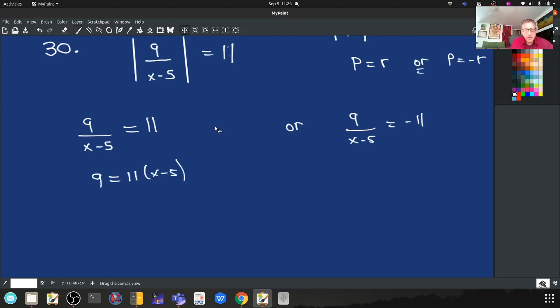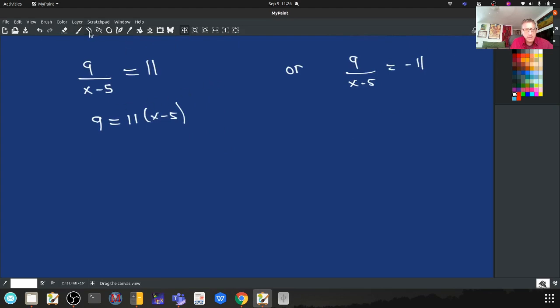Let's go ahead and solve this side over here. This tells me 9 is equal to 11x minus 55. So 9 plus 55 is equal to 11x. 9 plus 55 is 64, is equal to 11x.